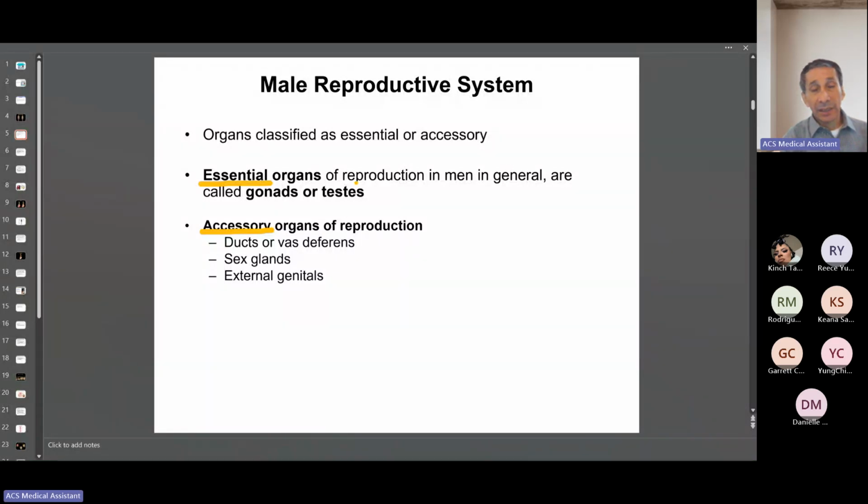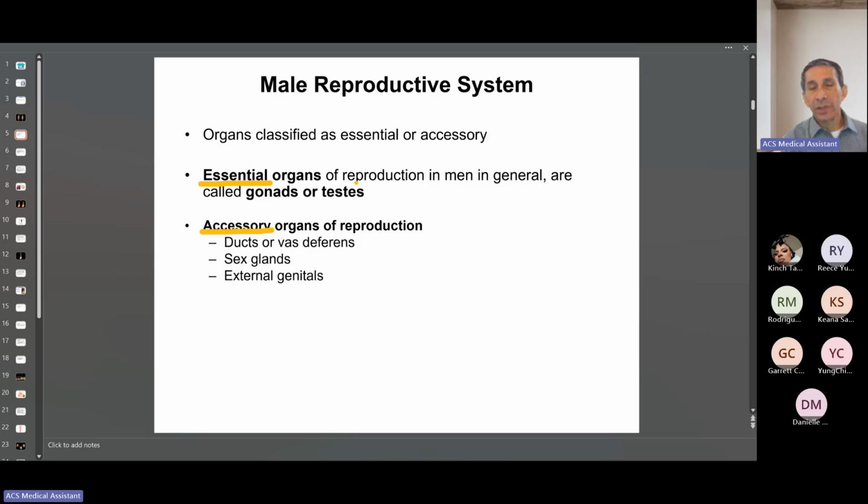We talked about the nervous system as well, with special senses and general senses. The essential ones must be there for reproduction to happen. If they are not there, you're not going to have reproduction.